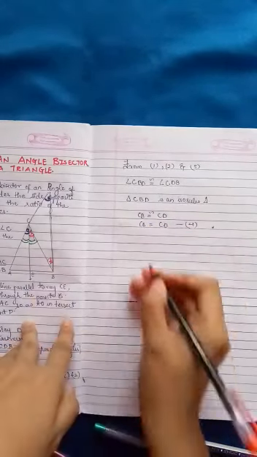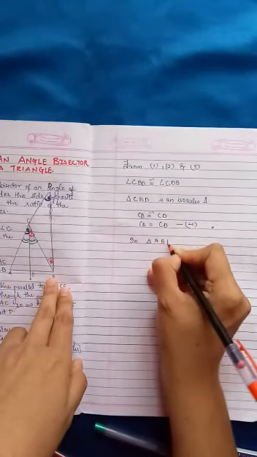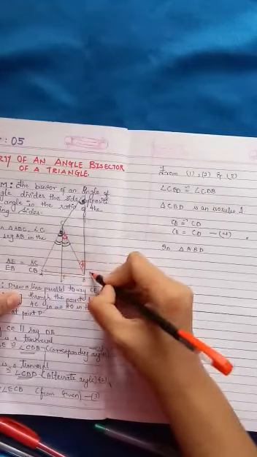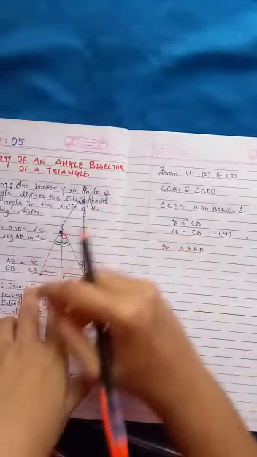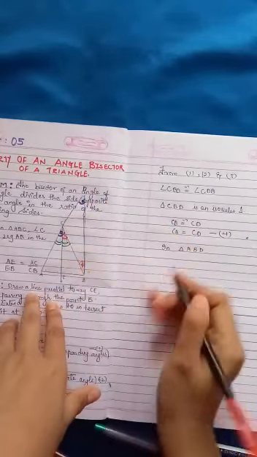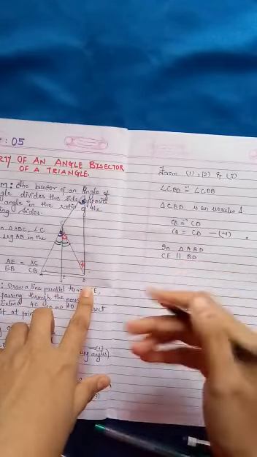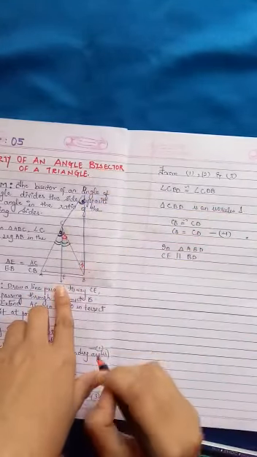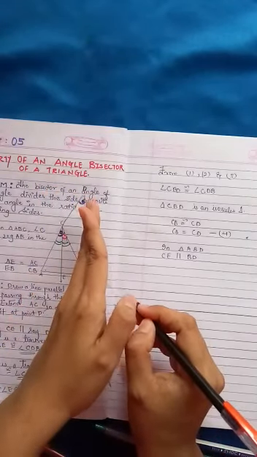Correct? Now I will go to the full triangle ABD. Can you see ABD? Now CE is parallel to BD. Correct? So if these two lines are parallel, what happens if a line is parallel to the third side of a triangle?